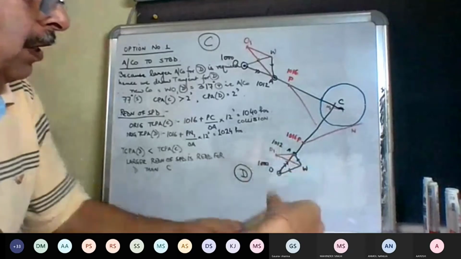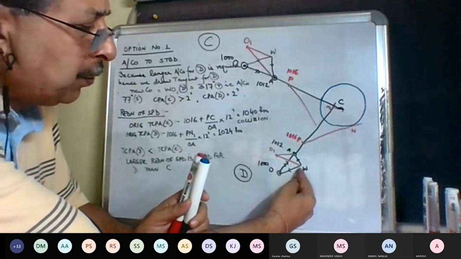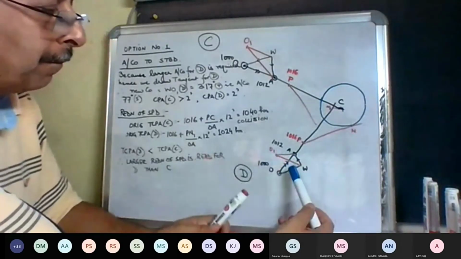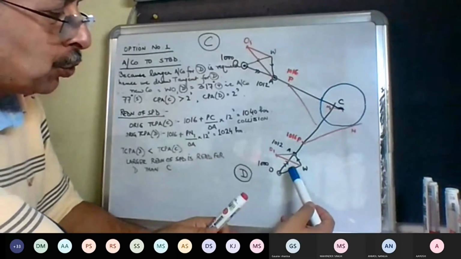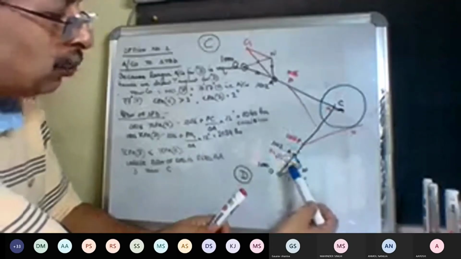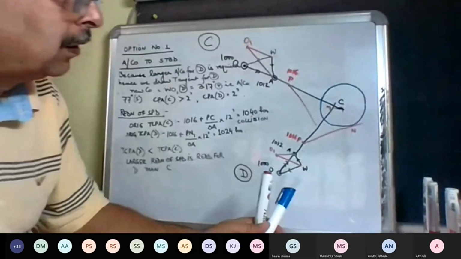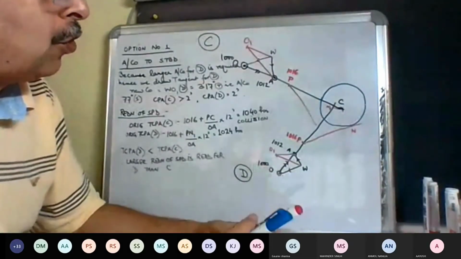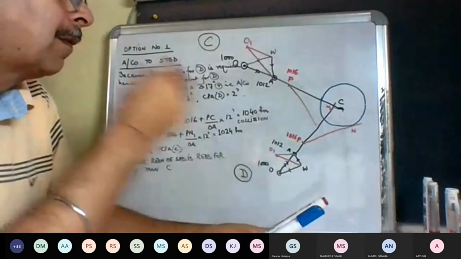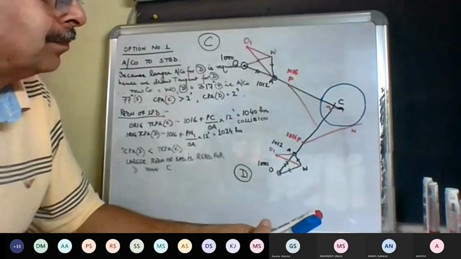So if, while remaining on the same course as WO, I'm going to reduce my speed to WO2, then my line of approach will become O2A. If my line of approach becomes O2A, that means my tangent should be on the north of the circle. Agreed?